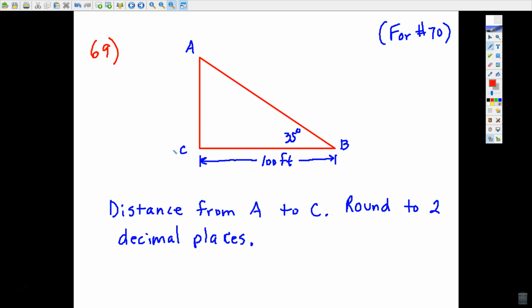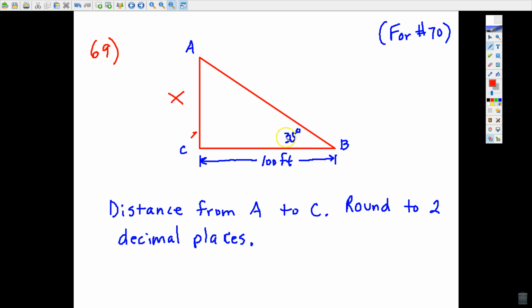All right, so for number 69, we see that we're supposed to find the distance from A to C across the gorge. So in my triangle, of course, we're talking about this distance right here, the side AC for this leg of the triangle. So remember, we're basically looking out from the angle that we're given.